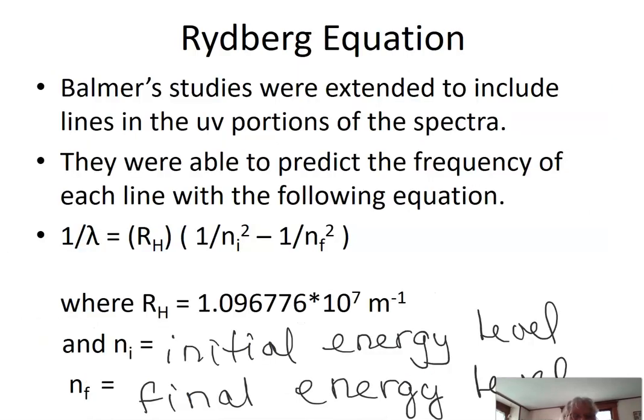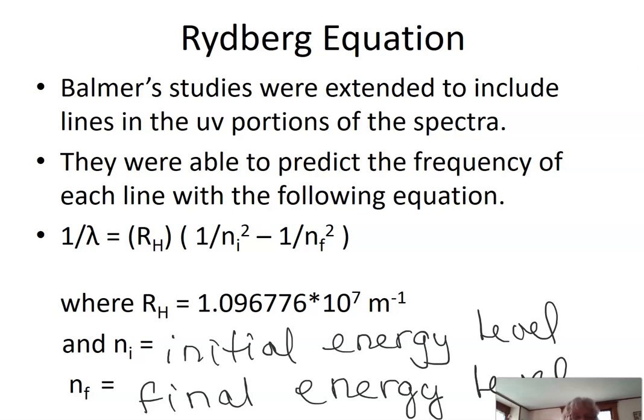Balmer's studies were extended to include lines in the UV, the ultraviolet portion of the spectra, as well. And they were able to predict the frequency of each line by using the equation written underneath here: 1 over lambda is equal to the Rydberg constant times (1 over Ni squared minus 1 over Nf squared).